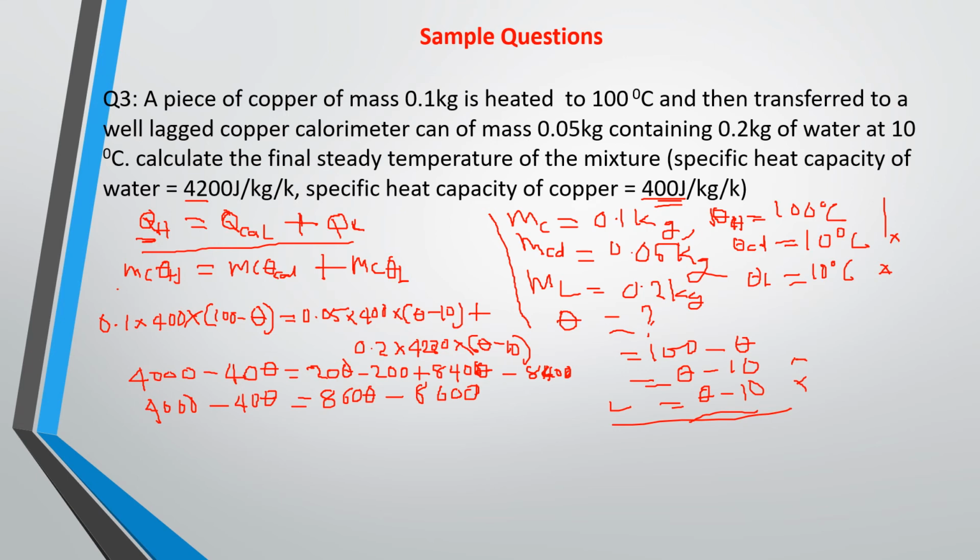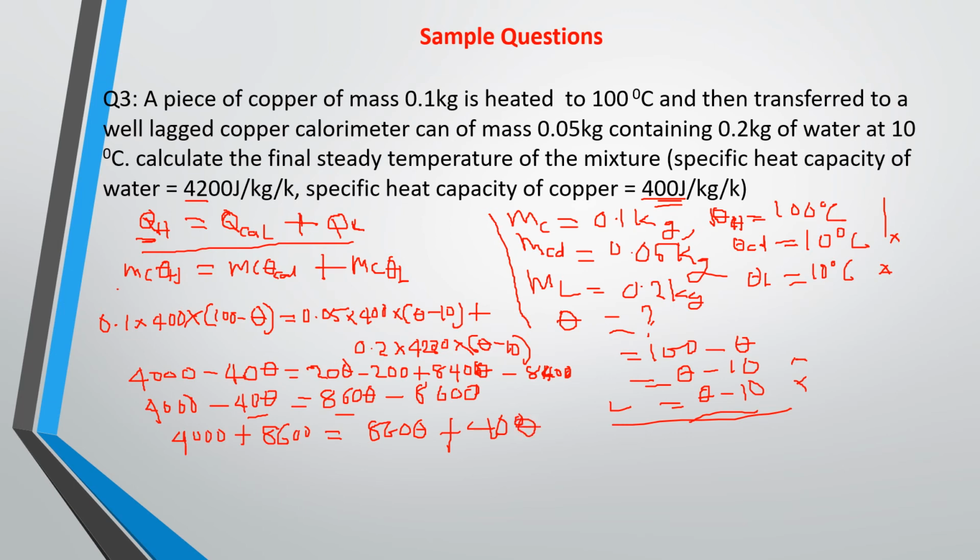Okay, so now you can collect your items, collect the theta together, and then the whole numbers. When you collect your items together and then your whole numbers, you have 4,000 plus 8,600 equals 860 theta plus 40 theta.